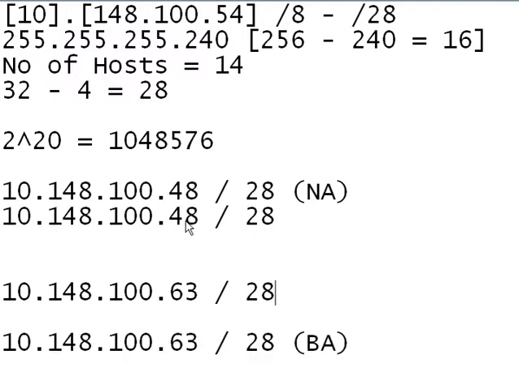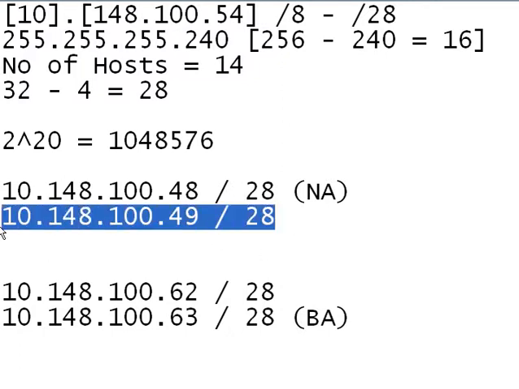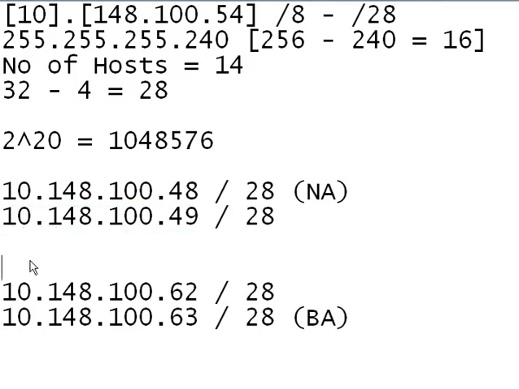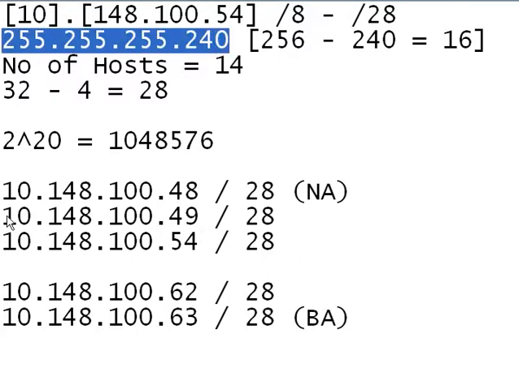So you can see this specification, this 54 is in between. So this is a valid IP. Since /28, this is my IP in this range, and this is my subnet mask in this range. So this is my VLSM, and this is the subnetwork address.